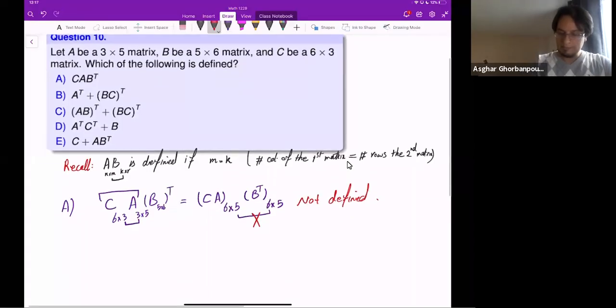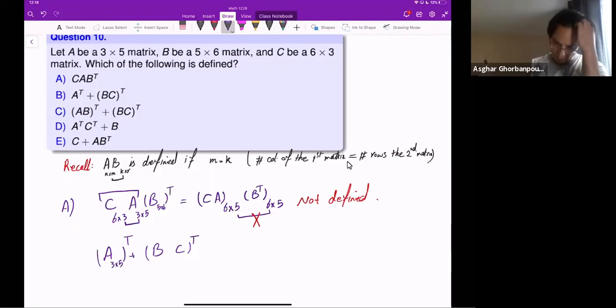The second one, A transpose plus BC transpose. So let me put transpose out so that I can put the dimensions down there. A is 3 by 5. B is 5 by 6. And C is 6 by 3. Okay.